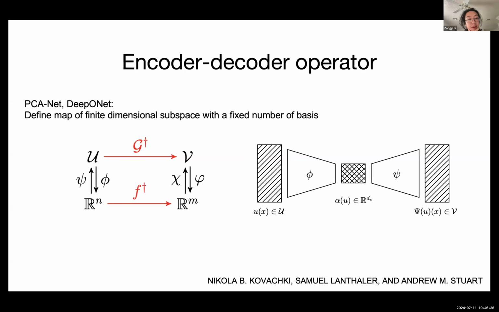Another class of operators is encoder-decoder operators, or in some sense, it can be called a reduced order model. For example, in PCA-Net or DeepONet, given the input functions, we will first project them to a fixed number of bases, a linear subspace, and then we will learn some function f from the linear Euclidean vector space to the output vector space R^n.